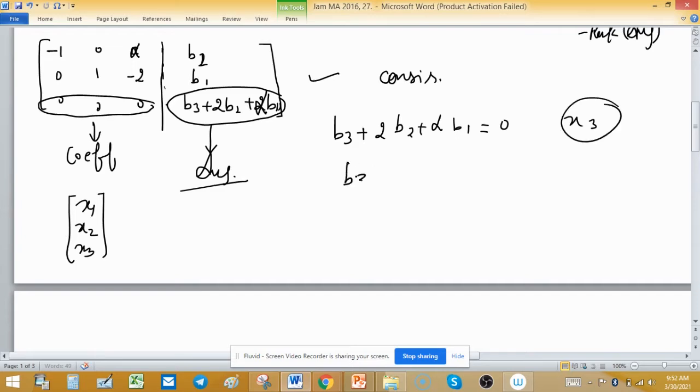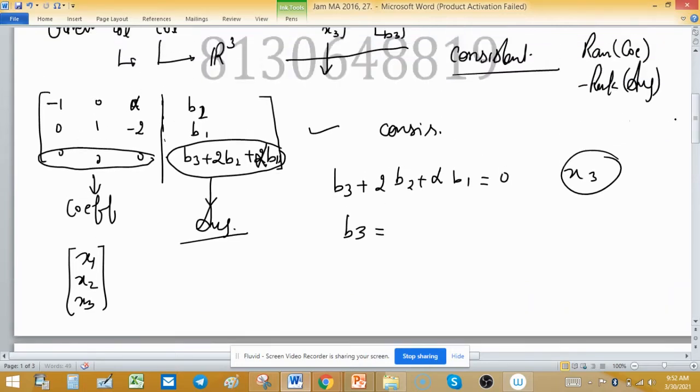So b3 can be written as negative of 2 b2 minus alpha b1.